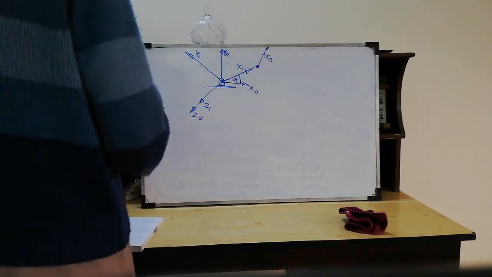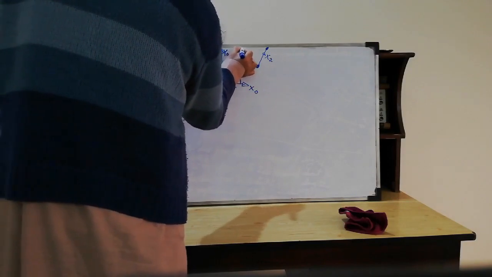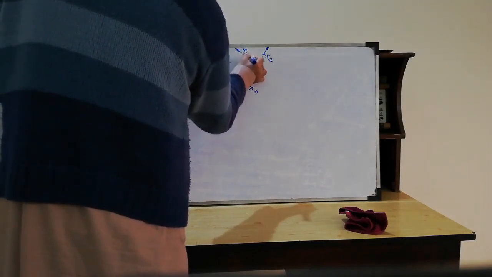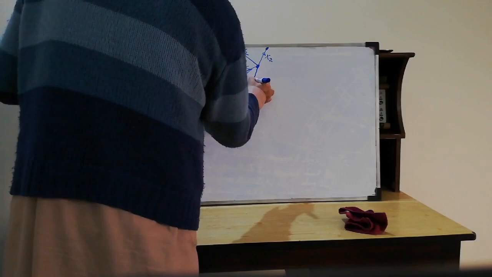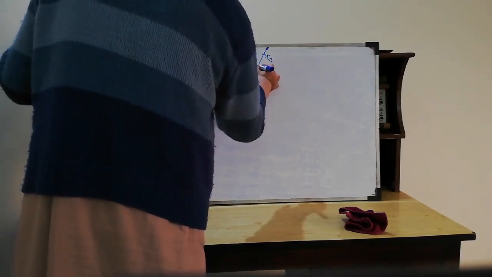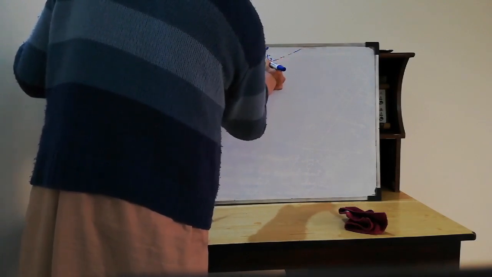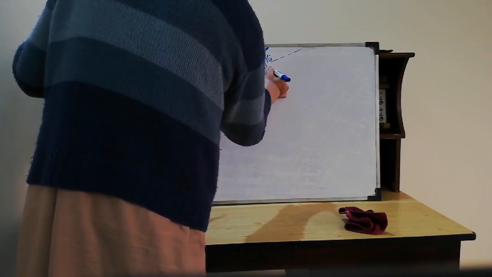Then we have another joint here. This will be x2, and that will be y2, and z2 is coming out of the page, and that is x2, and this angle here is theta 2.